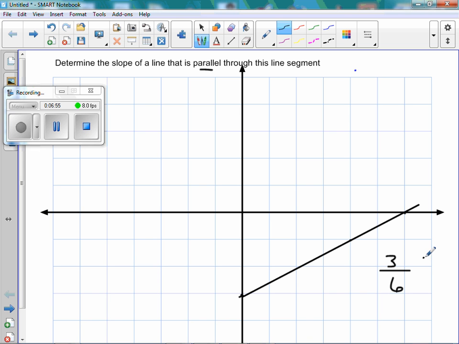So that would be 2 over 4. Okay, so can you reduce 3 over 6? You divide by 3. 3 goes into 3 one time, and 3 goes into 6 two times. Can you reduce 2 over 4? Yes, that's also 1/2.